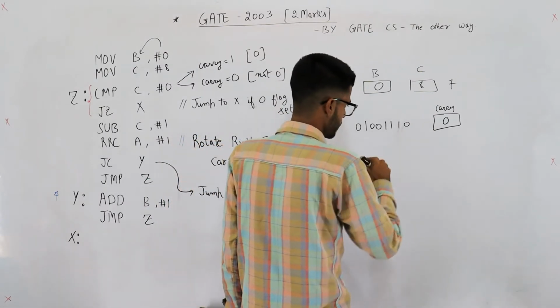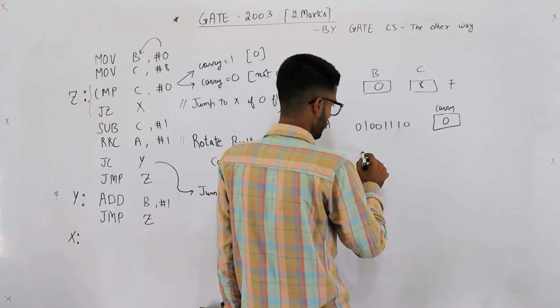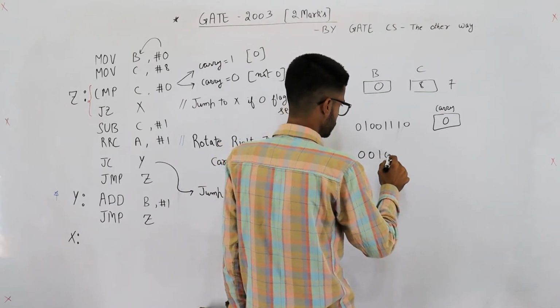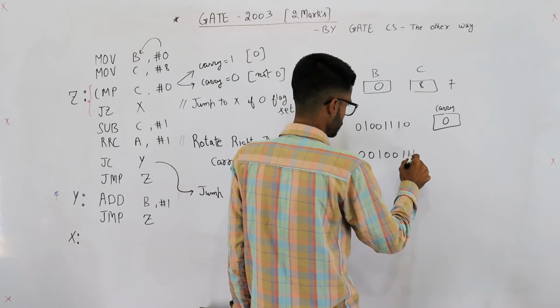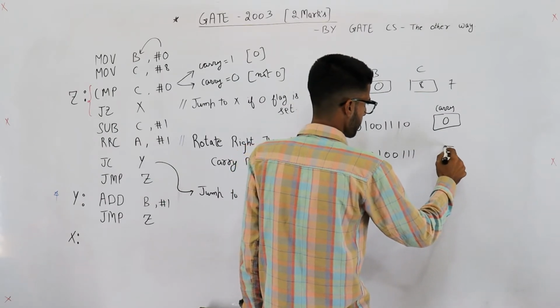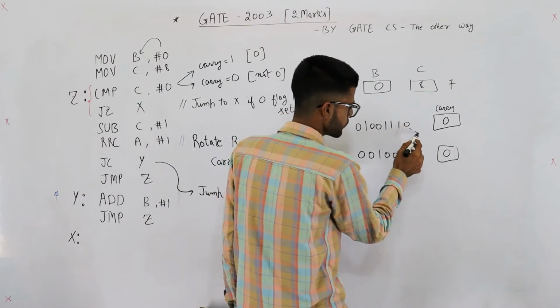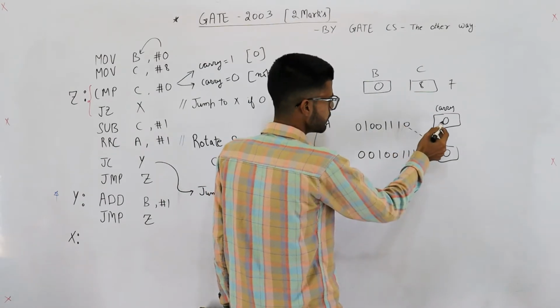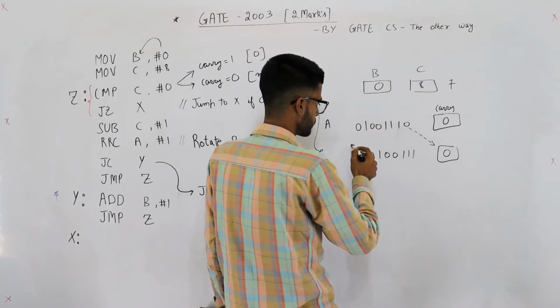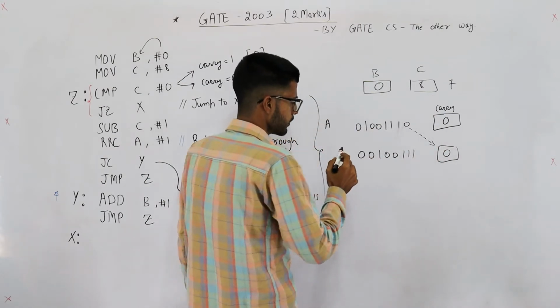Now they are saying RRC A, 1, which means rotate right through carry by 1 bit. If we rotate it right, we are going to get this, because this 0 moves here and this carry moves here. Okay.